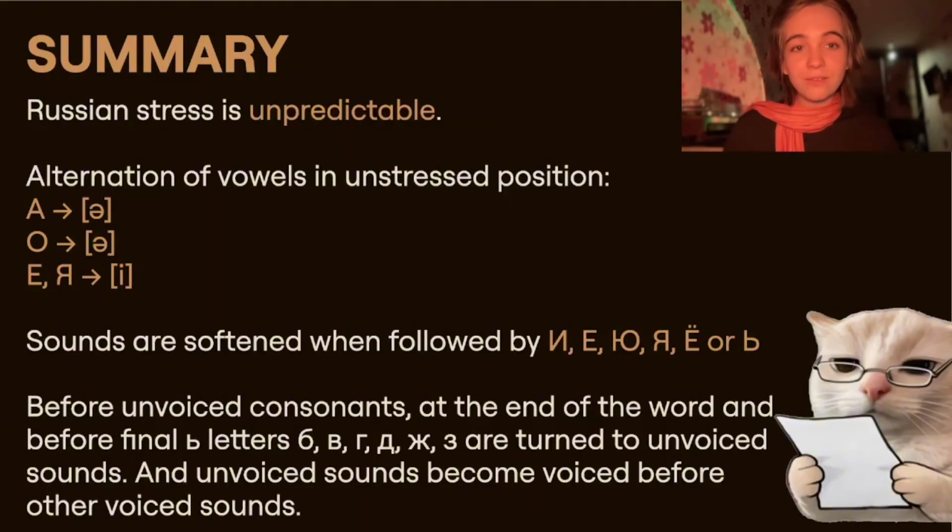The third thing we have learned is that sounds are softened when followed by i, ye, yu, yo, ya, or soft sign, with some exceptions. And the most complicated and very advanced rule is that before unvoiced consonants and at the ends of words and before final soft sign, letters b, v, g, d, zh, z are turned to unvoiced pair sounds. And the opposite, unvoiced sounds become voiced before other voiced sounds.